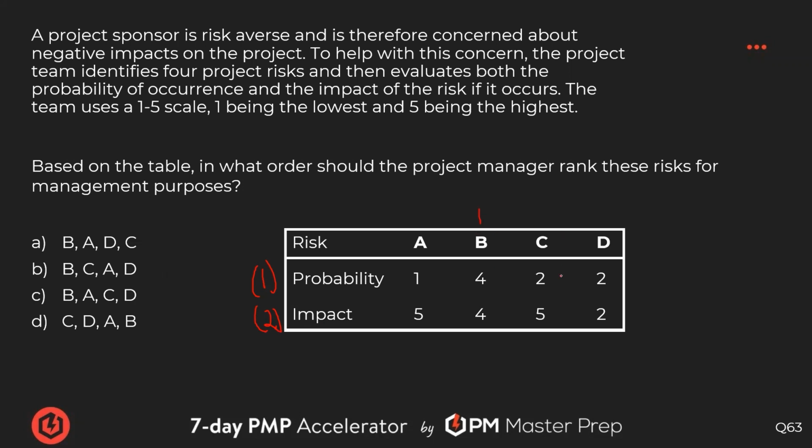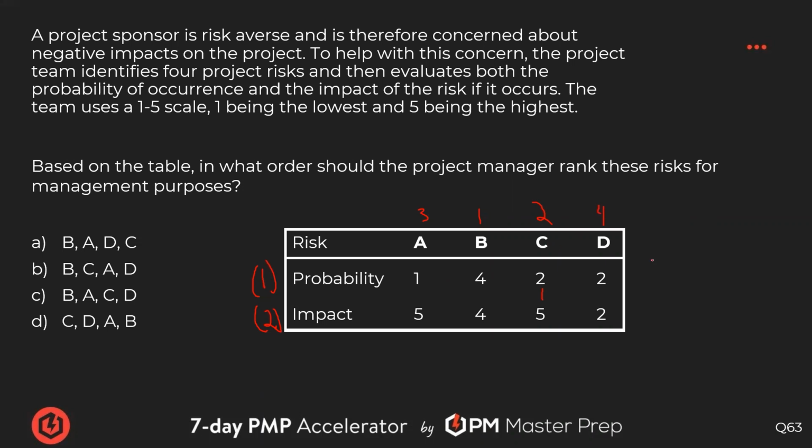Then probably C with 2 and 5, because the impact is a lot for the team. Then probably A, because the probability is low, but if it occurs, the impact is going to be worse for the sponsor. So maybe 3, and then last D, 2 and 2.